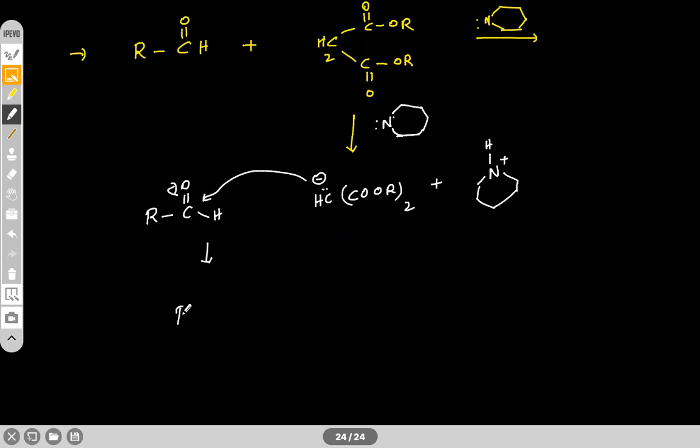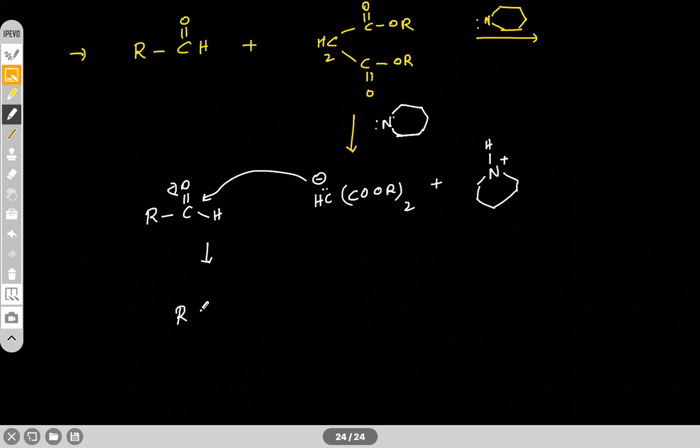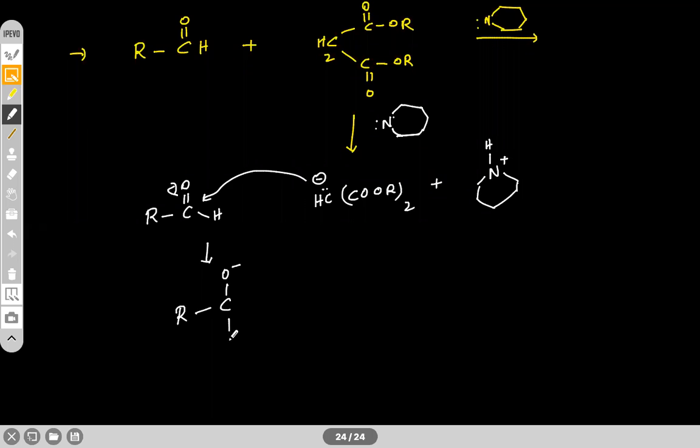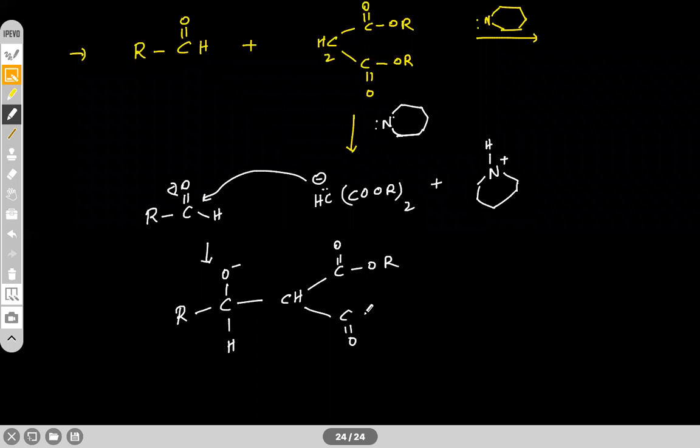Now this base attacks as a nucleophile on the aldehyde like this. This one is very similar to Perkin. So what happens? We get R-CH(O minus), with CH and C=O OR on both sides.